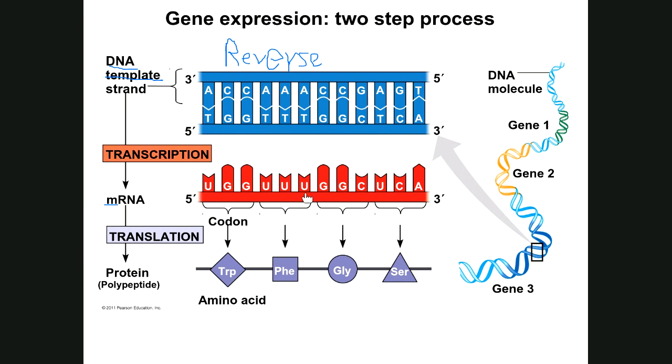UUU forms a different codon that codes for a different amino acid called phenylalanine. If you look here, GGC, this base triplet forms a codon that codes for the amino acid glycine, one of the 7 you had to know in Chapter 5. And then UCA is one more codon, which codes for a different amino acid, Ser, or serine.